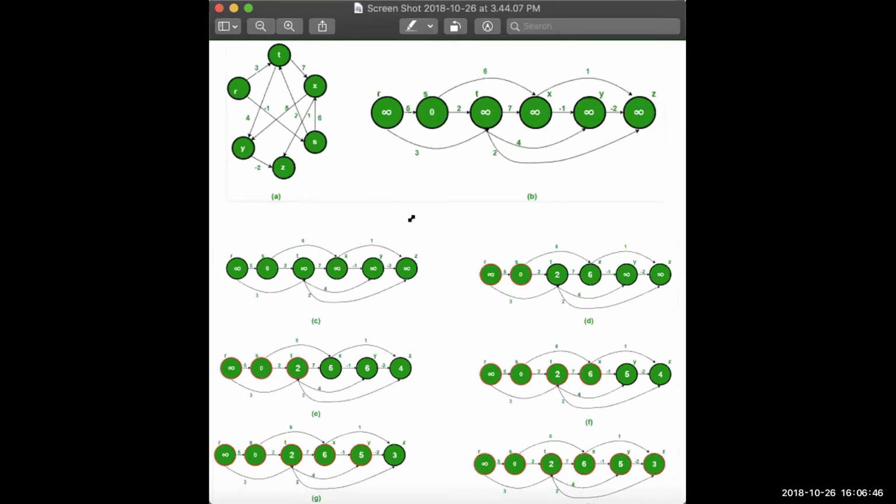Those were the two main algorithms that we wanted to discuss in this session, and that's complete.